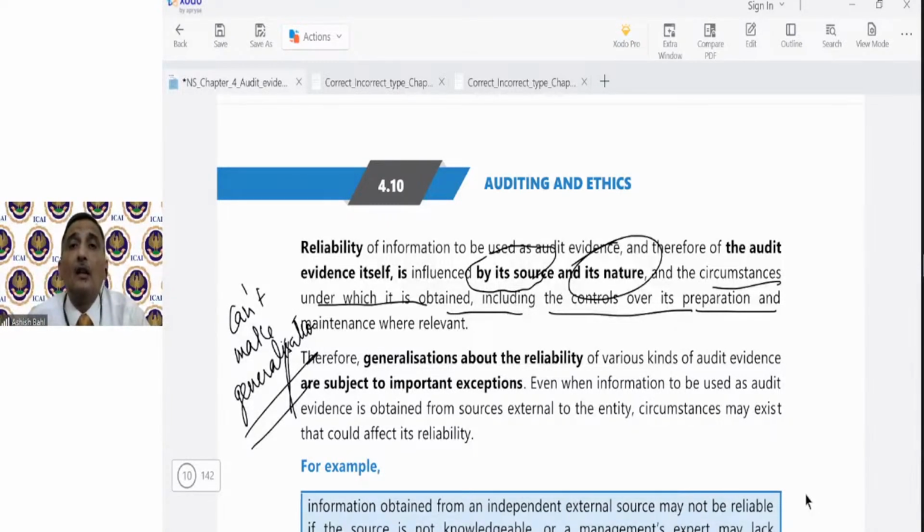If he doesn't know the context of the request, and he doesn't know how to respond, he doesn't understand the significance of it. So therefore we can't make generalizations, but broadly we can say that external evidence is more reliable than internal evidence, but there can be exceptions to it. This you have to understand. It is not a sweeping general statement.